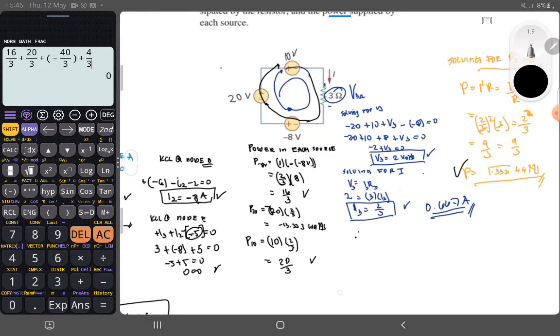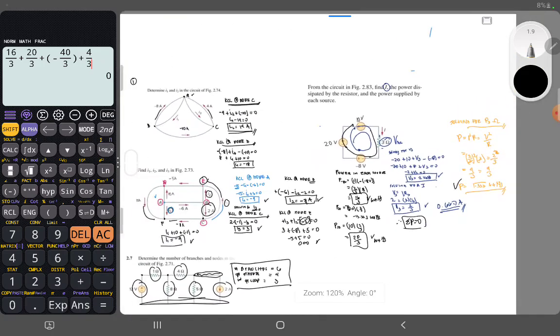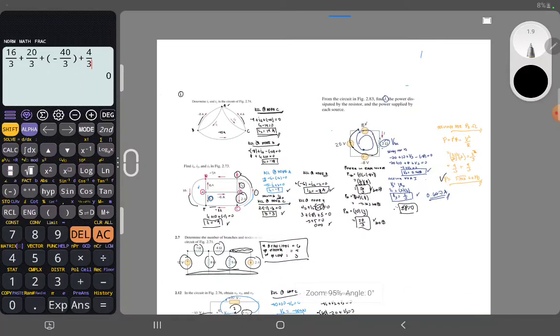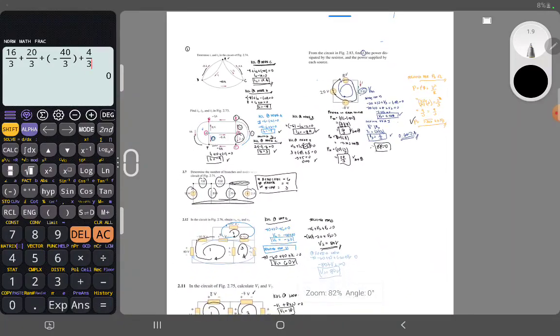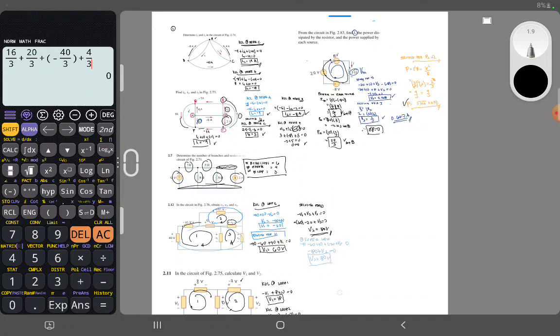Okay, so therefore summation of P is equal to 0, meaning lahat ng nakuha natin are correct. So they are all in watts. Okay, so these are our solution for your quiz. So pag may mga tanong kayo, just feel free to ask. Thank you and good day, guys.